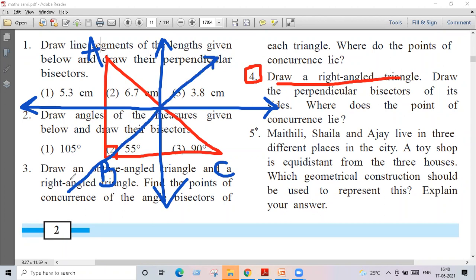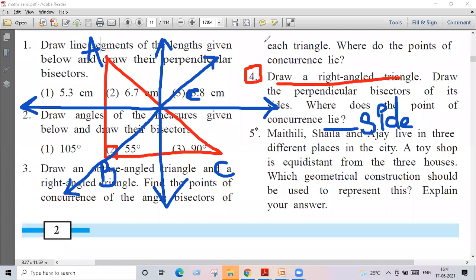So where does the point of concurrence lie? This point of concurrence is not I, this is C, the circumcenter. So it lies on the side of the triangle. It lies on the side of the triangle, or it lies on the hypotenuse. Okay? See, you can see, point C we will not call it C, we will give it a slightly different name.